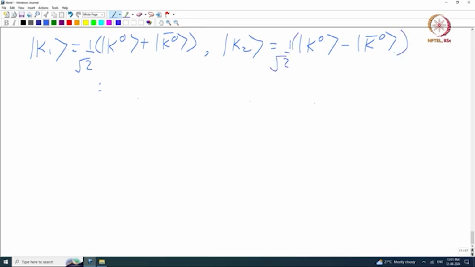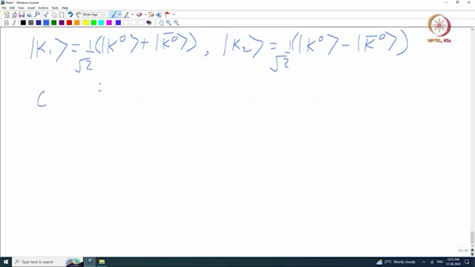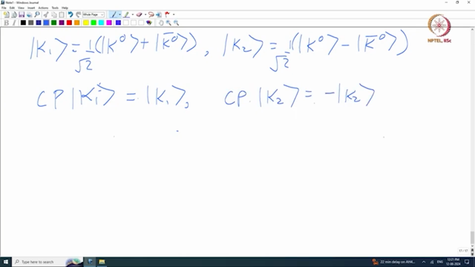Then what happens? Now I go back and check the CP properties. I just apply it here and I get that CP applied on K1 gives me back K1, and CP applied to the K2 state gives me K2 but with a minus sign.